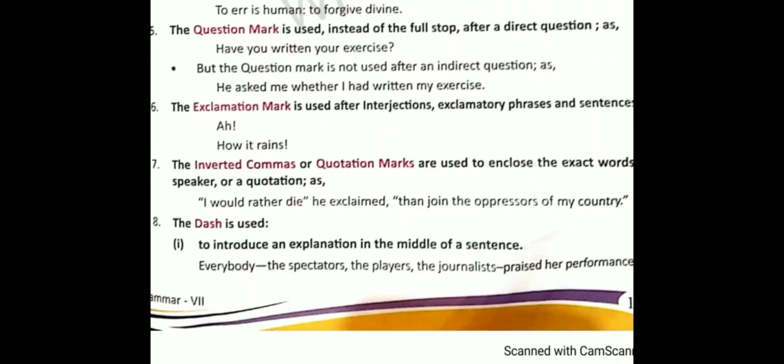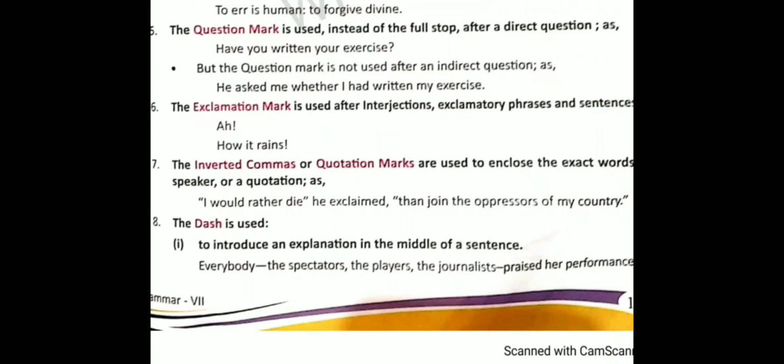Here: I would rather die, he exclaimed, than join the oppressors of my country. So here the words or the sentences which are under the quotation marks are said by the people. That's why it is under quotation or inverted commas. Understood?